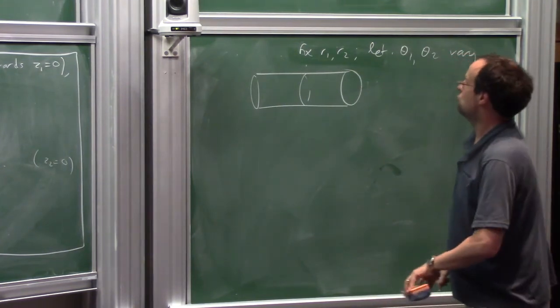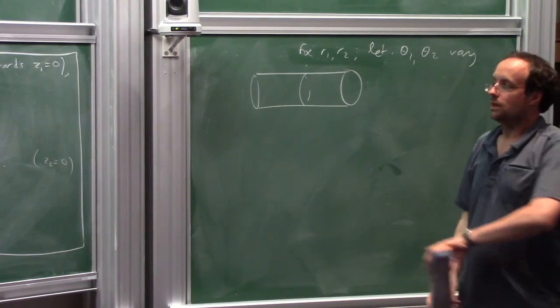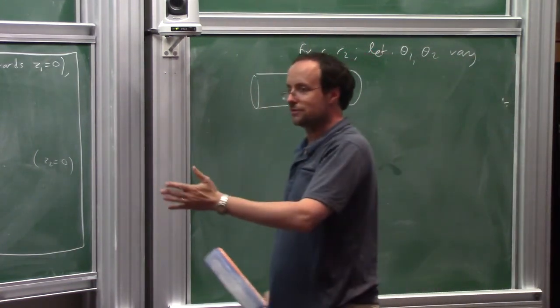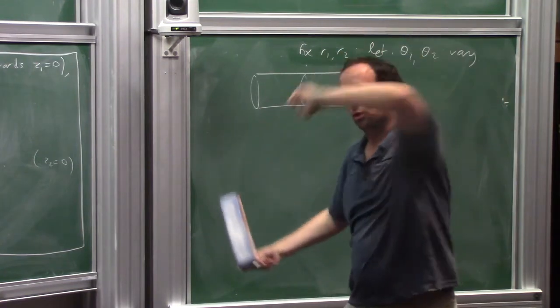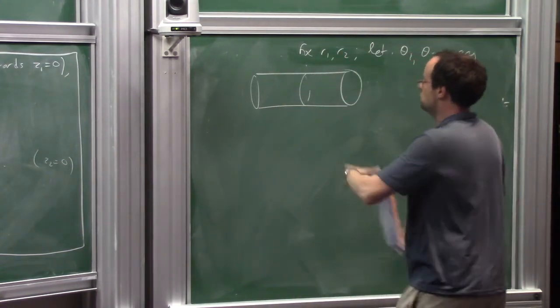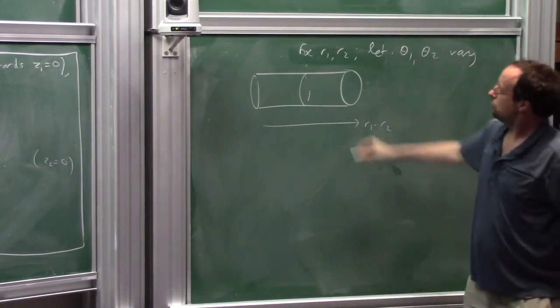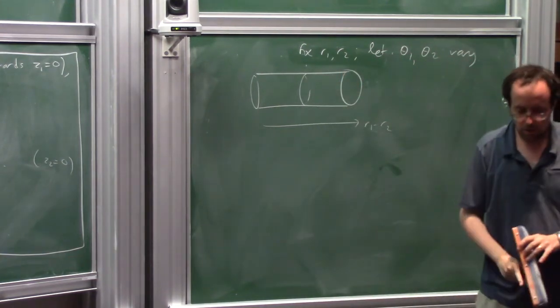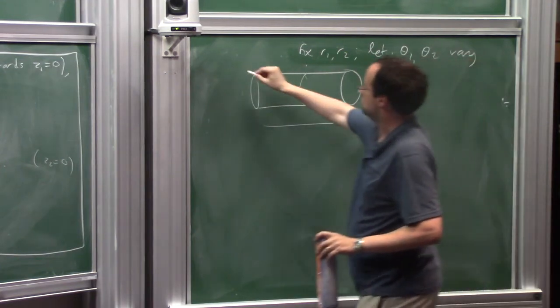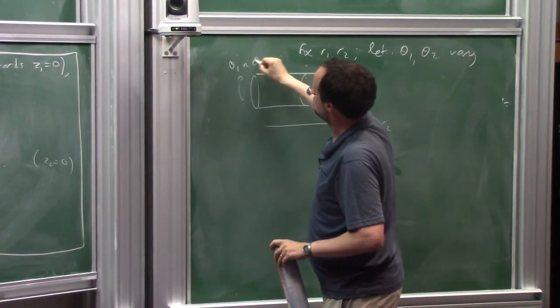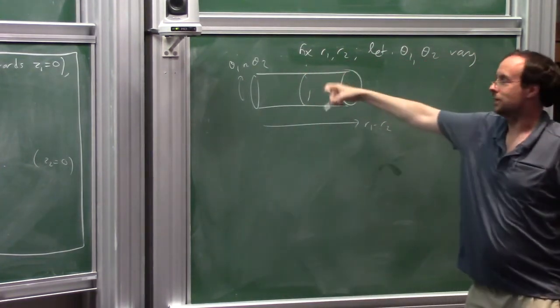But more generally, if you want to think of a sheaf supported on an elliptic curve, and that elliptic curve is not the fiber at 0 or infinity, then you have R1 minus R2, and here you need to put theta 1 or theta 2. We'll explain in a moment what I mean by or.